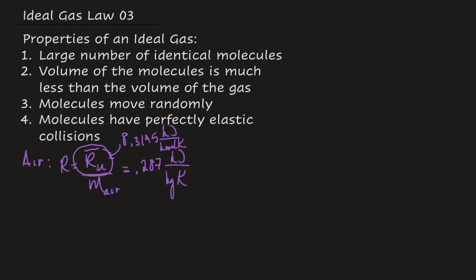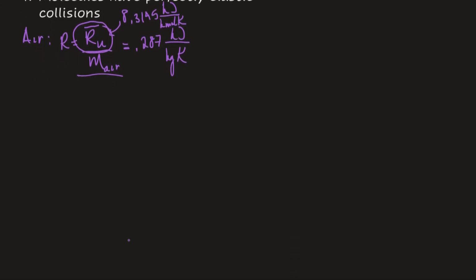So to find that this gas-specific constant of air is equal to 0.287 kilojoules per kilogram Kelvin, we need to find the molar mass of air. And to do that, we have to think about what air consists of.